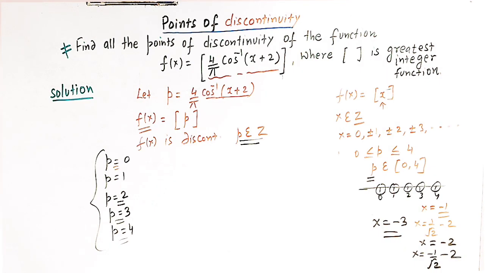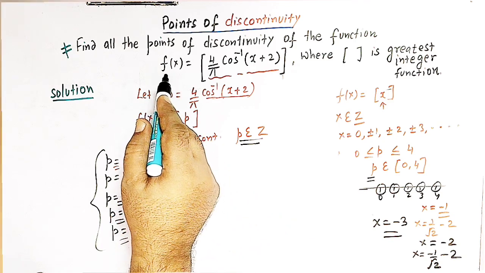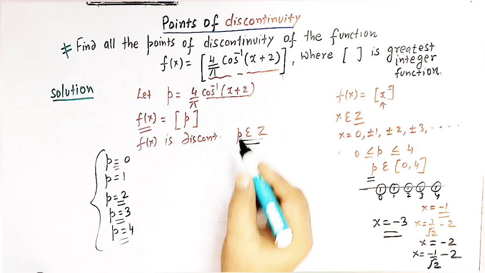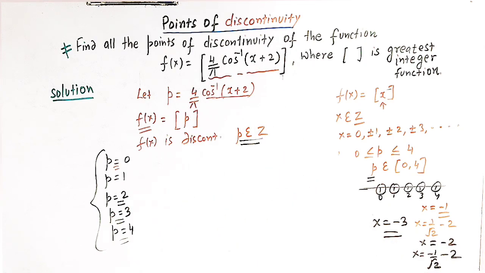So viewers, from this discussion we have seen that this function f of x, which is greatest integer of 4 over pi cos inverse of x plus 2, is discontinuous at 5 points, right?